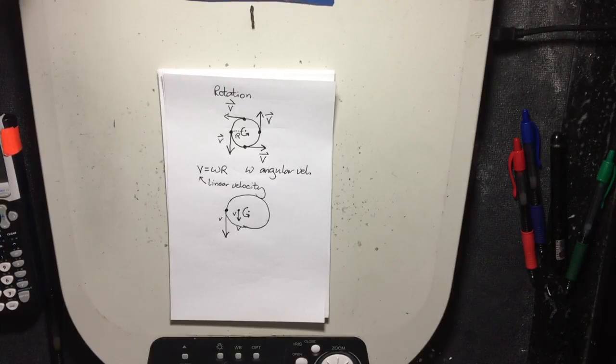Even though the magnitude is the same, the direction is different. So if you have a changing velocity, therefore you must have acceleration. If the velocity changes, you're basically saying that dv/dt is non-zero, which means there is an acceleration.